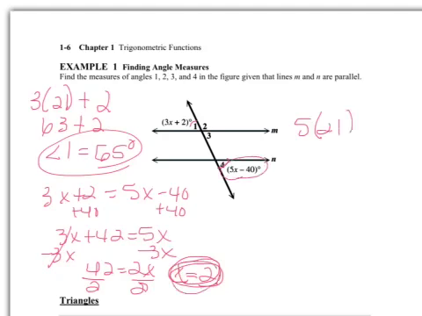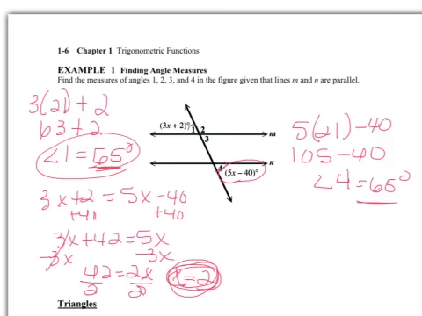So 5 times 21 minus 40, and 5 times 21 is 105 minus 40, so angle 4 is 65 degrees. So if you look here, sorry about the messiness, they both equal 65 degrees. So now we have found angle 1 and angle 4. We have to find angle 2 yet, and we have to find angle 3.